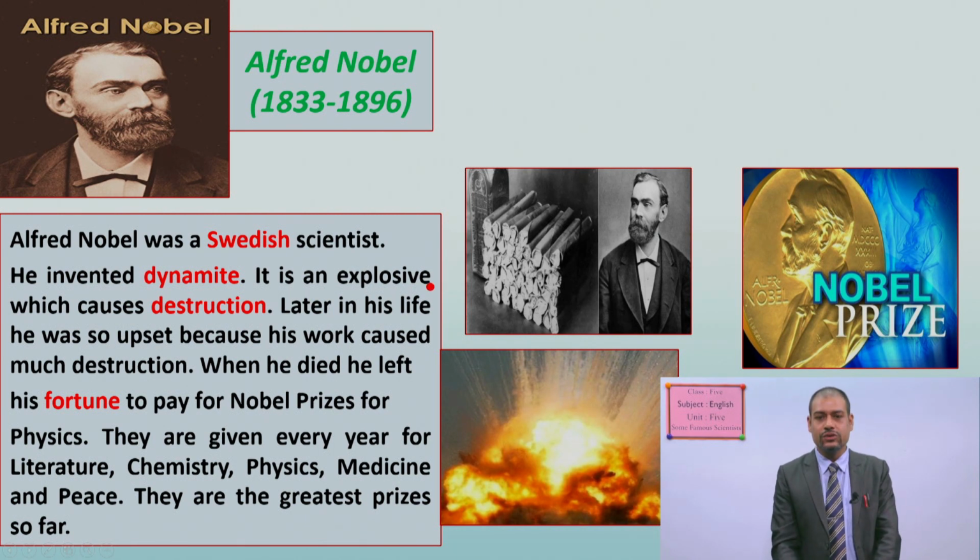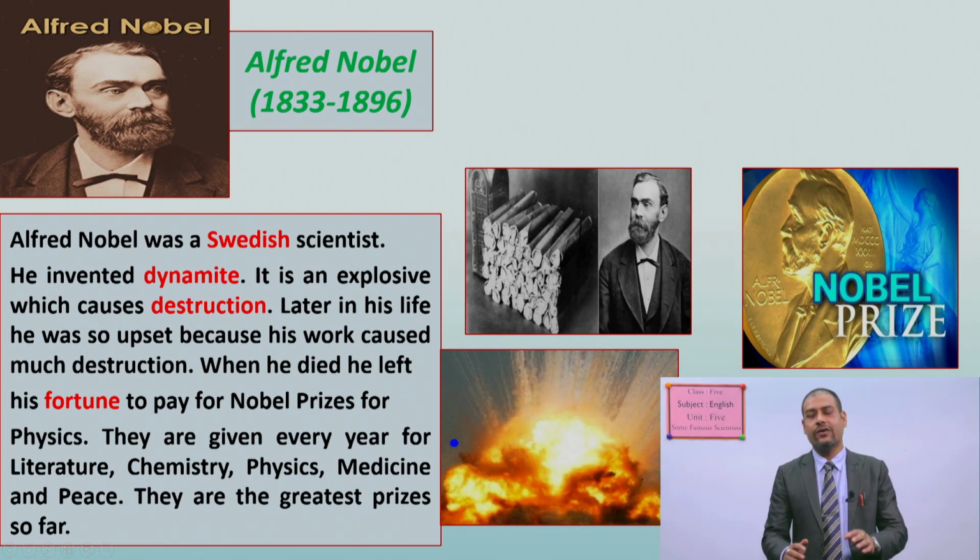It is an explosive which causes destruction. Later in his life, he was so upset because his work caused much destruction. When he died, he left his fortune to pay for Nobel Prizes. They are given every year for literature, chemistry, physics, medicine, and peace. They are the greatest prizes so far.